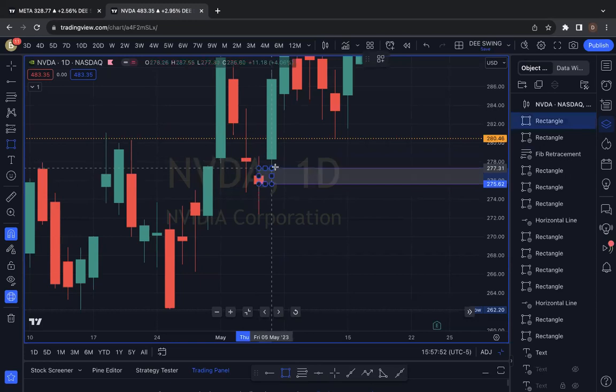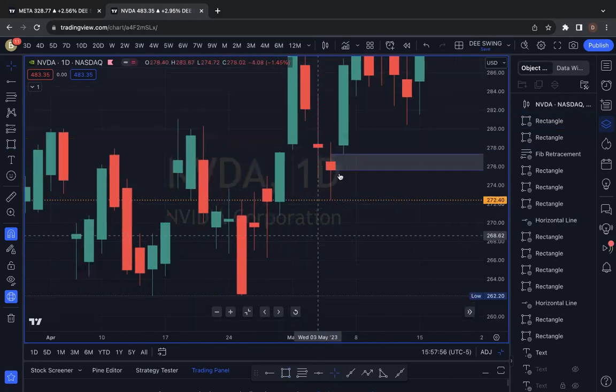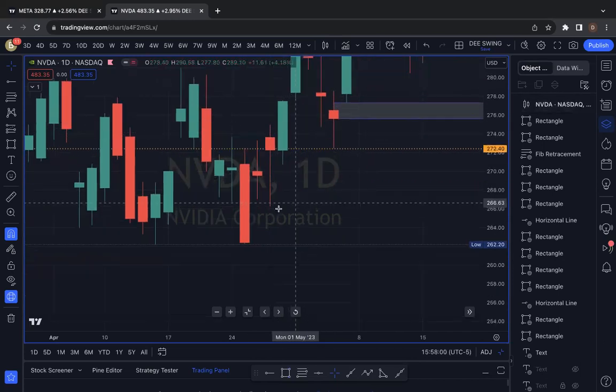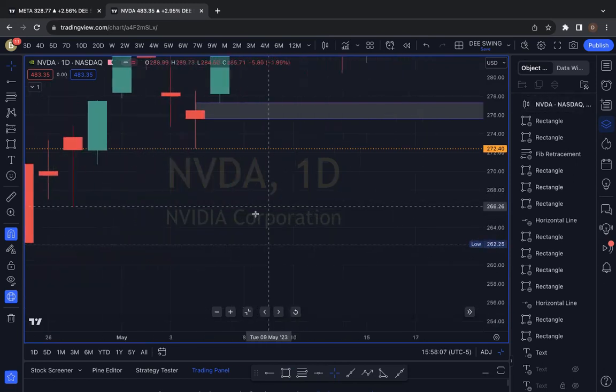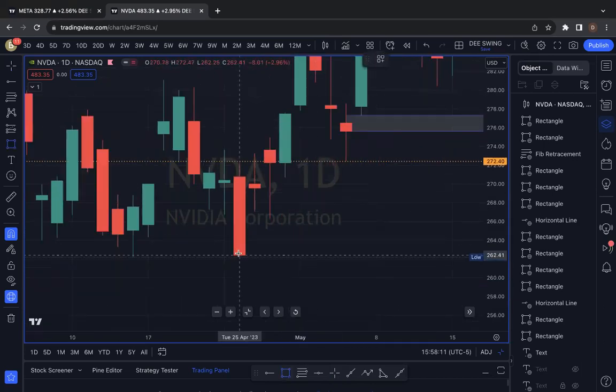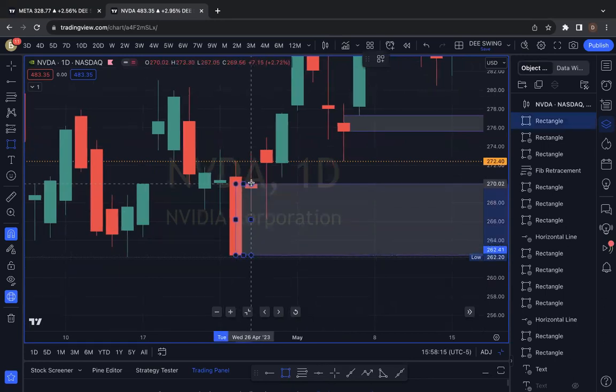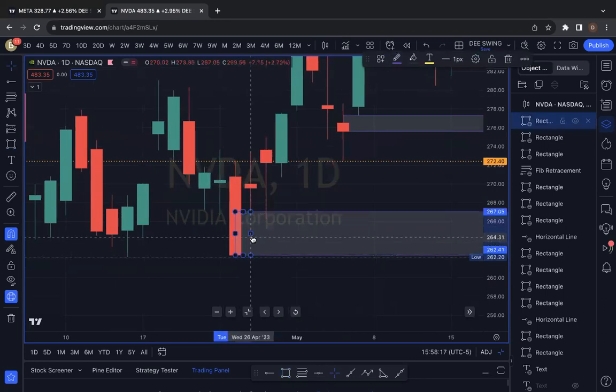Close, open, adjust it. Move that thing down to that pivot. Don't care about that gap because obviously it got filled. And boom, now I know y'all can see them now that y'all are on here with me. So this is a good example. This is your original gap. Close, open, adjust it, but then the next candle adjusted it even more.